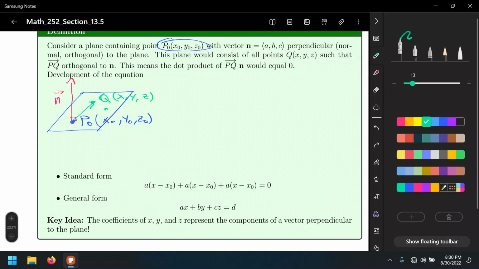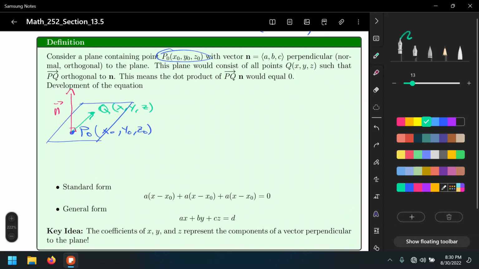So, okay, how about we find the vector P initial Q? So the vector P initial Q is going to be x minus x initial, y minus y initial, and z minus z initial.